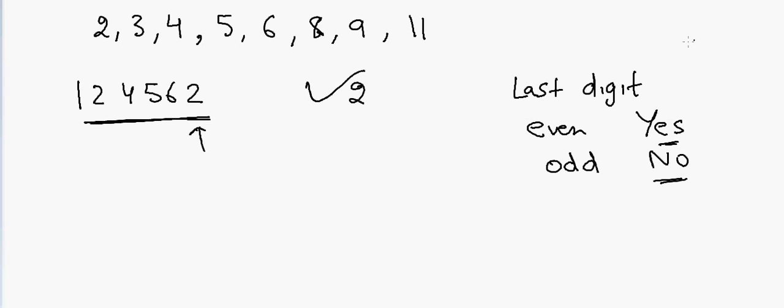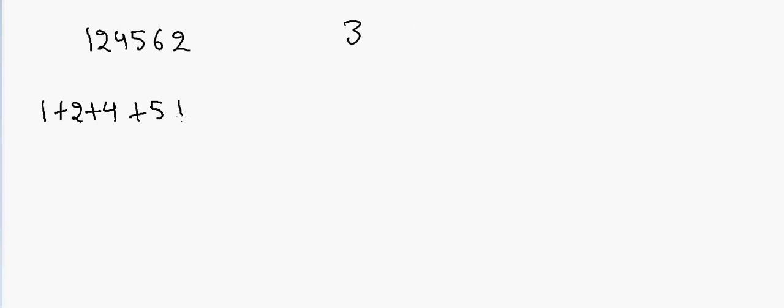Now let's talk about division by 3. If I have 124562 again, and I'm looking at whether it's divisible by 3 or not, then I add all these digits together. So 1 plus 2 plus 4 plus 5 plus 6 plus 2. That gives me 3, plus 4 is 7, 7 plus 5 is 12, plus 6 is 18, plus 2 is 20.